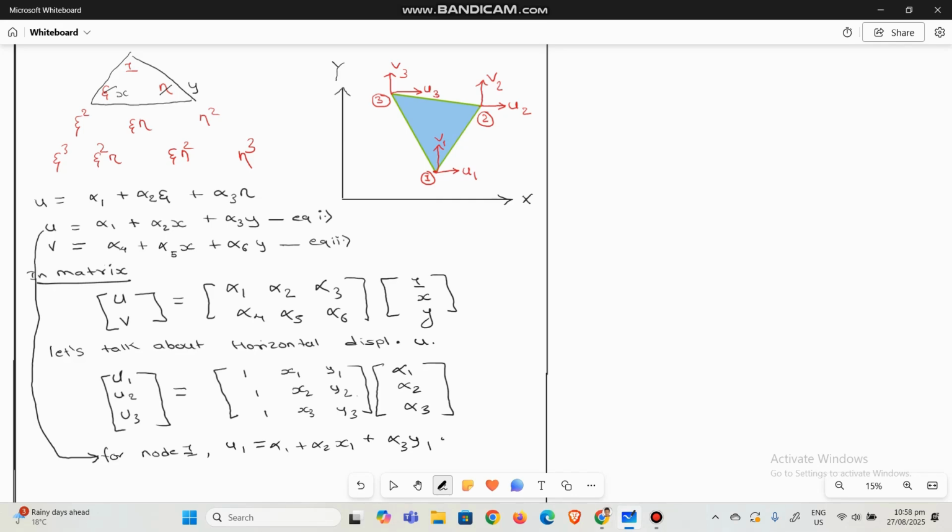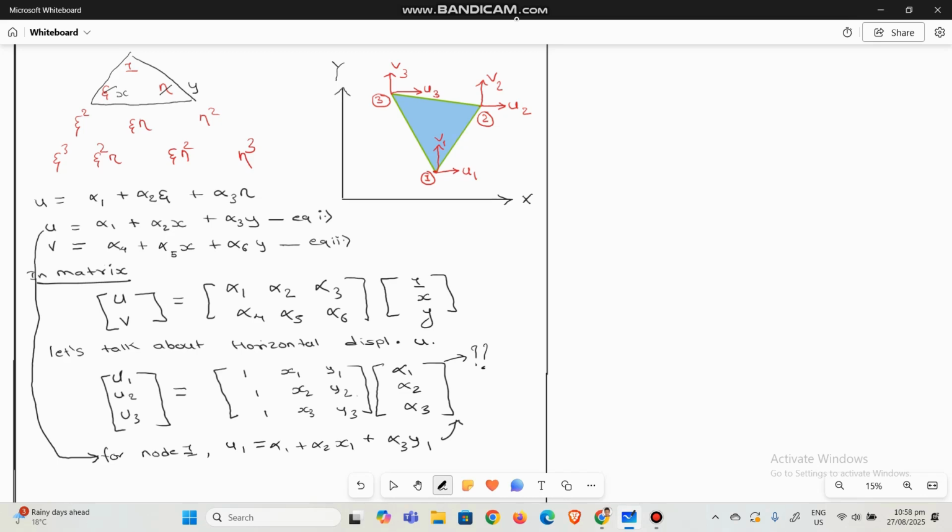And you get this equation for all the nodes. If you do this for node 1, node 2 and node 3, you get this equation. Our main question is to find alpha 1, alpha 2 and alpha 3. So let's just focus on that.